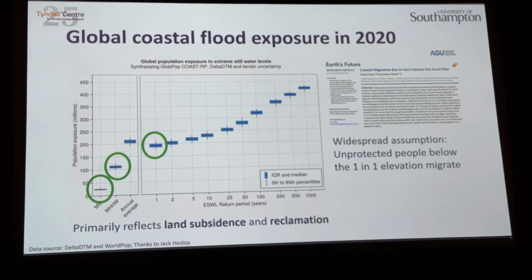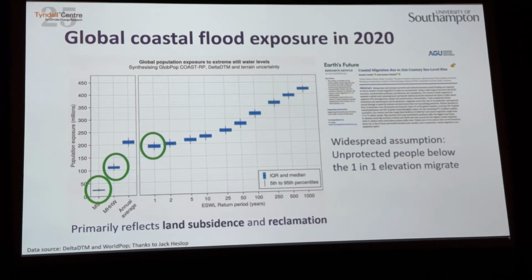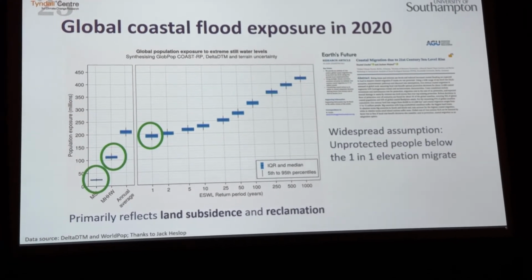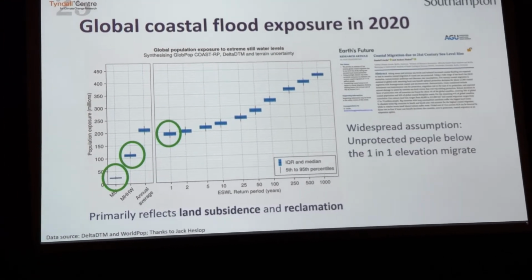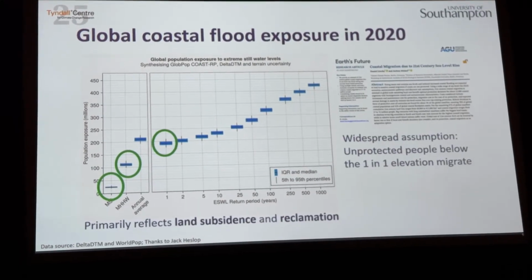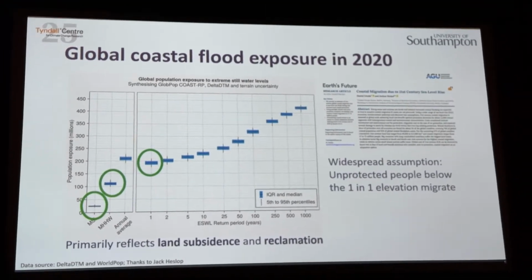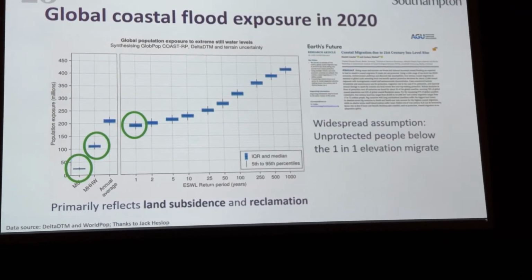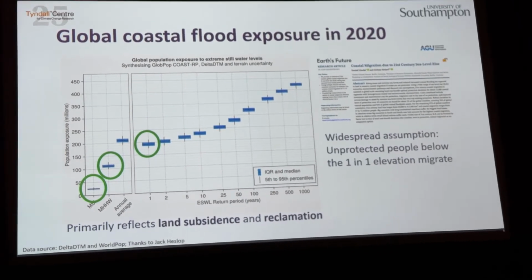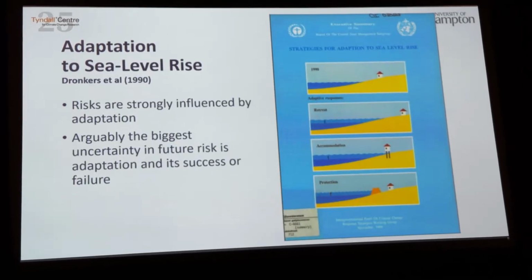It's not reflecting climate-induced sea level rise yet. In the future, it will, but it primarily reflects land subsidence, what we were talking about earlier, those parts of Japan that sank 5 meters, or reclamation, as we see in the Netherlands. So those are the two processes that have led to this population distribution we see today.